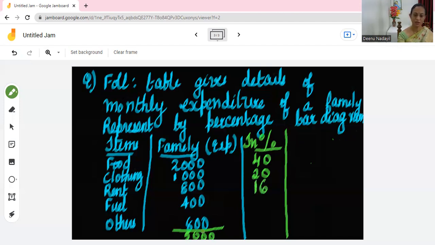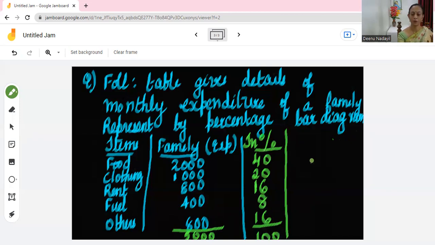Same way, 400 divided by this into 100 gives 8. And 800 divided by this into 100 gives 16. If you add all these, it should come to 100. Otherwise, you may have gone wrong somewhere.